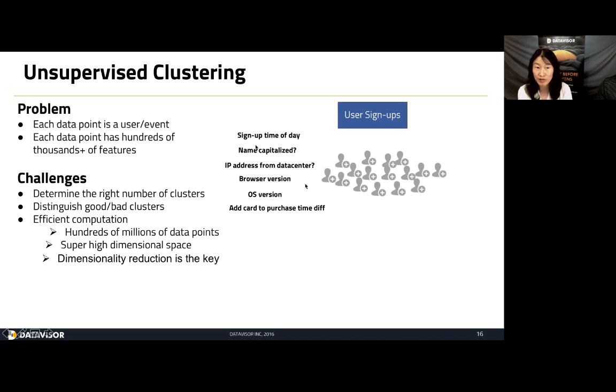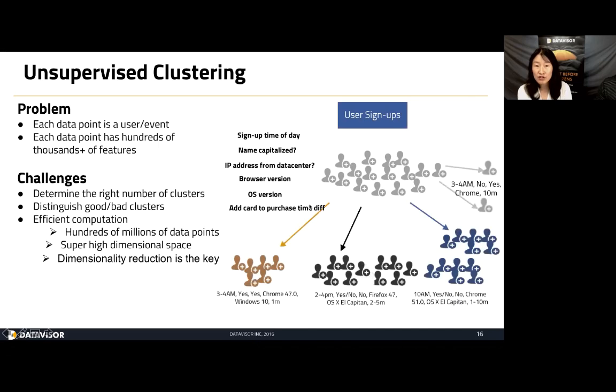For example, what time they sign up, whether the name is capitalized, whether the IP address comes from data centers or proxies, what browser they use, what OS they use, what the timing behavior is, when they add a card, and what time they purchase goods. And using clustering algorithms, we are able to cluster these into 3 main clusters and some sporadic users.